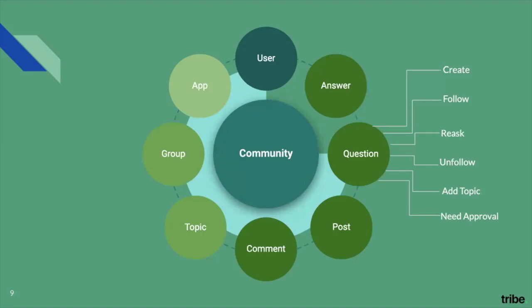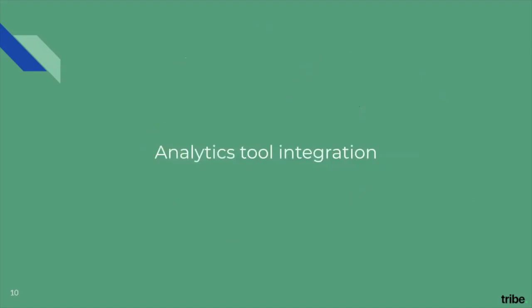We have an activity and an event logged when a topic is added to a question, or even when a question is pending approval. So you would be able to see the list of all single events. We have around 30 different events that we track and log in the Tribe platform. You will be able to see the full list, but we opened an example on question to see what we are tracking in there.